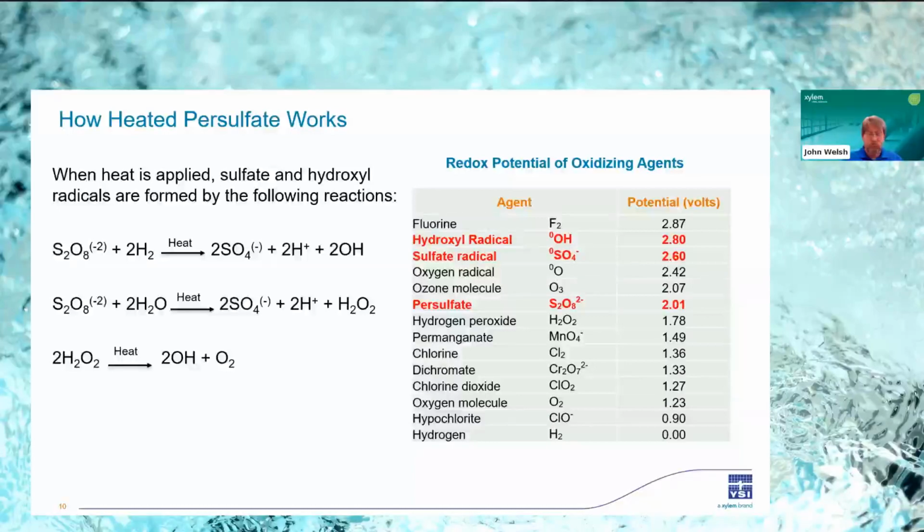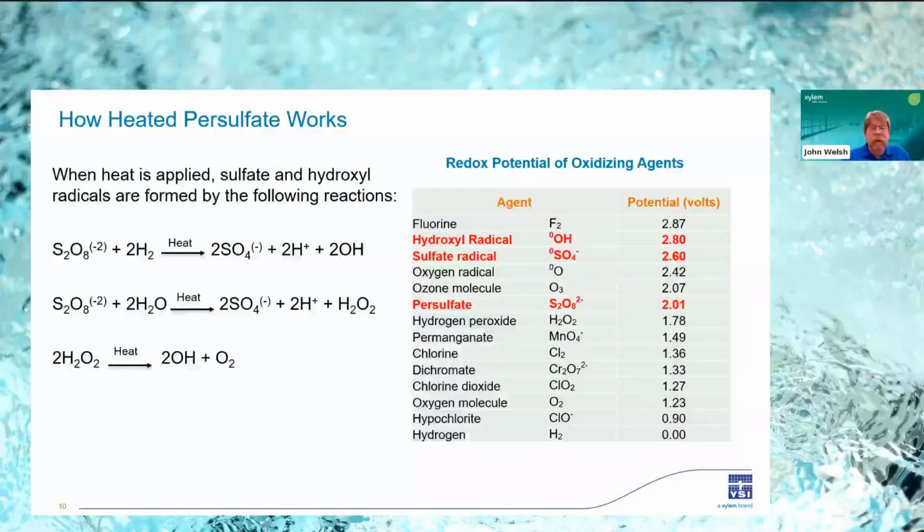Sodium persulfate is highly soluble in water and forms several radical species that act as strong oxidizing agents. The chart on the right-hand side of the screen shows the redox potential of ions from the highest, being fluorine at 2.87 volts, to the lowest, hydrogen, at 0.